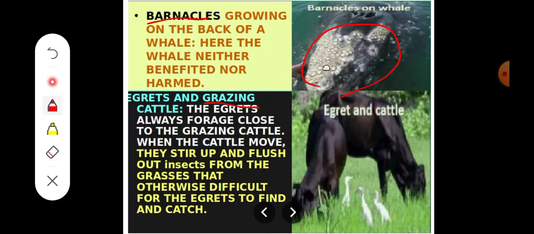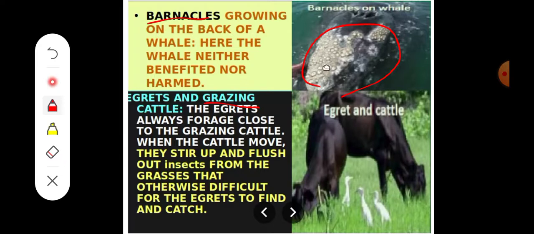And why do they do so? Because when the cattle take up the grass, insects present in the soil will come out, and the egrets need not search and catch them.